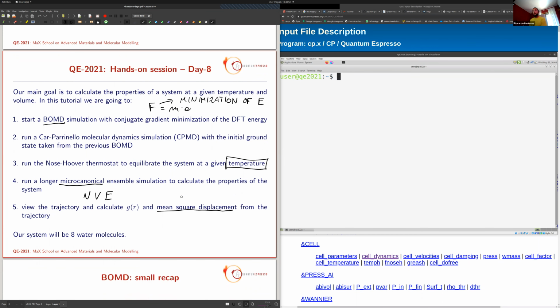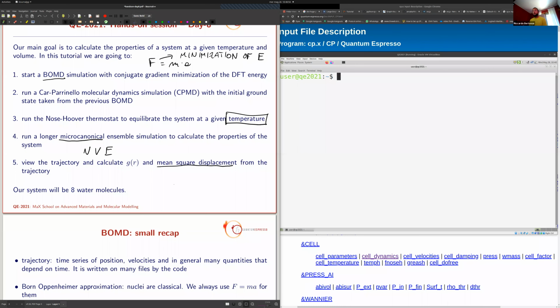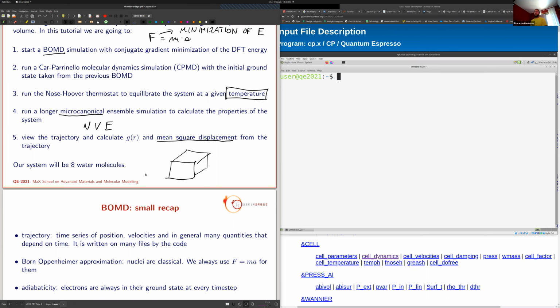So for today, we are running a very small system. We will have a cubic cell with 8 water molecules. It is very small and very far from the thermodynamic limit, but it is enough for our tutorial.